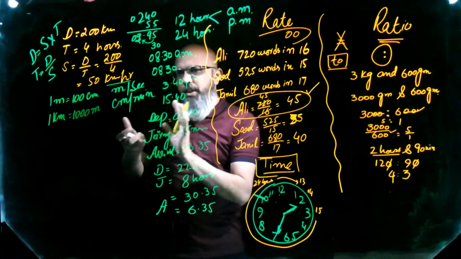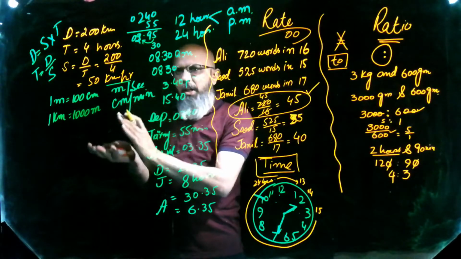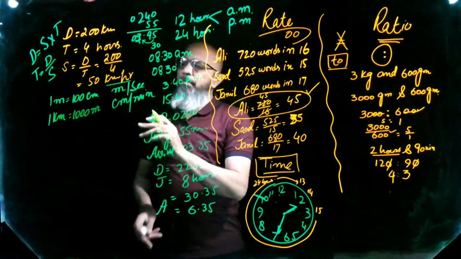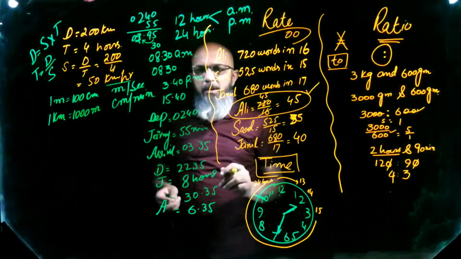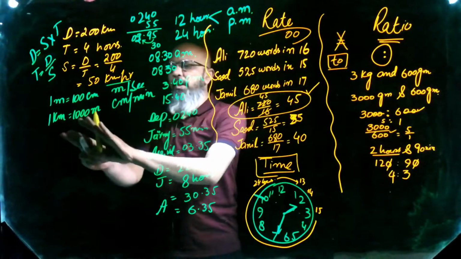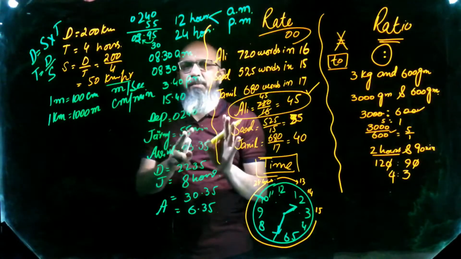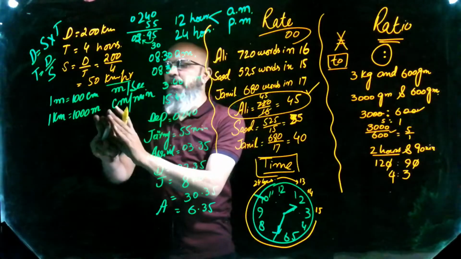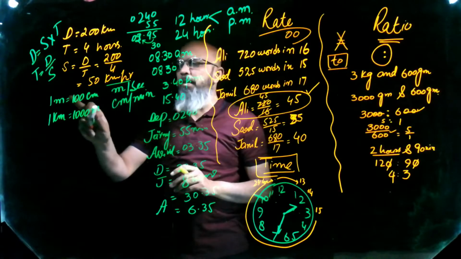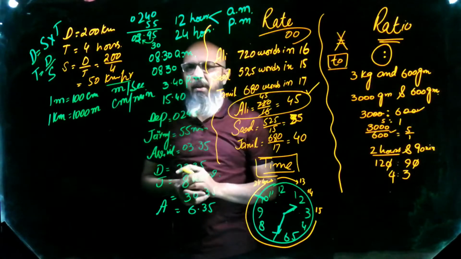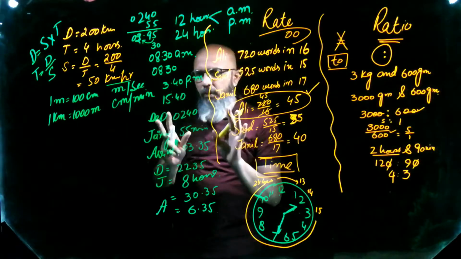While converting from a bigger unit to a smaller unit, if you convert meters into centimeters, you will multiply. If you convert kilometers into meters, you will multiply. If you convert meters into kilometers, you will divide. If you convert centimeters into meters, you will divide. Keep this thing in your mind.